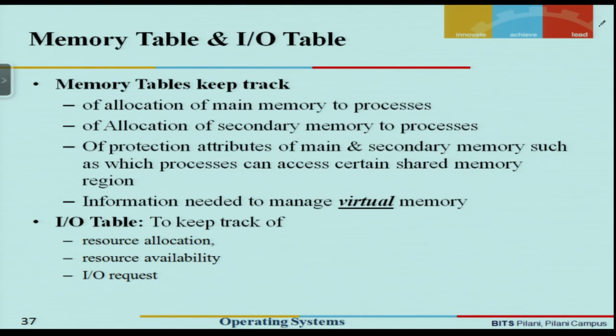So we would need to keep track of allocation of secondary memory to individual processes, and we would also need to keep track of protection attributes of main and secondary memory, and the shared memory regions and the protection information.